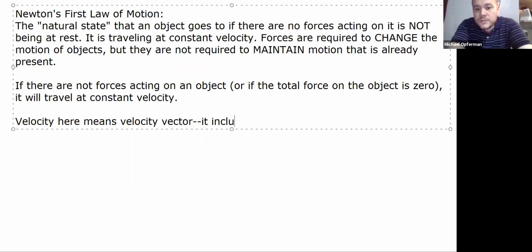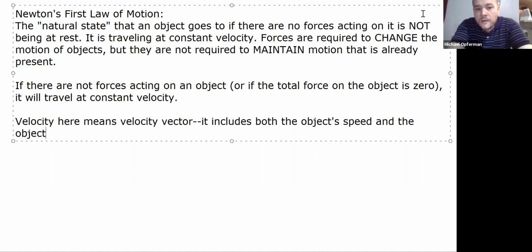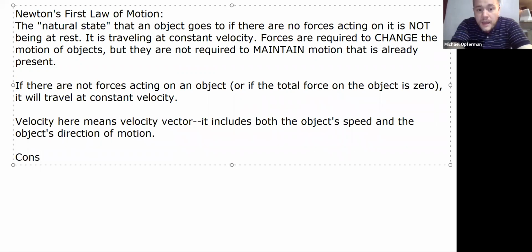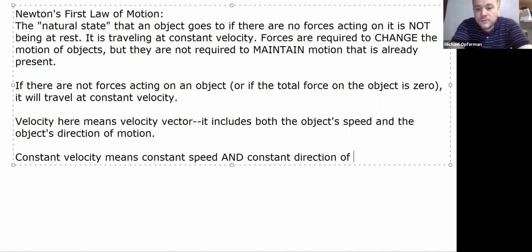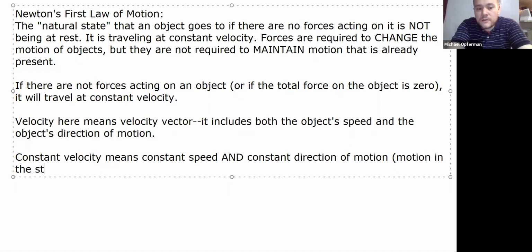It includes both the object's speed and the object's direction of motion. So constant velocity means constant speed and constant direction of motion. That means motion in a straight line.